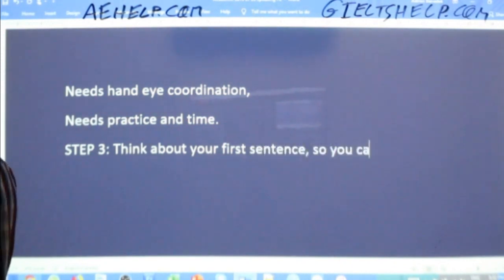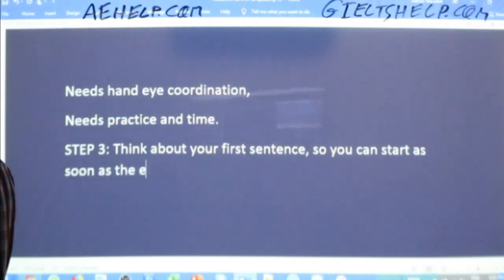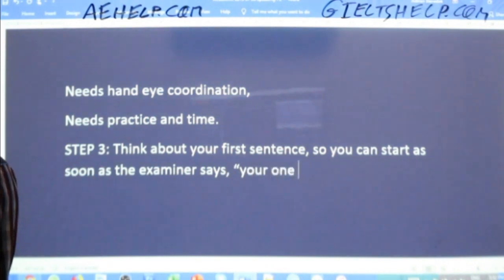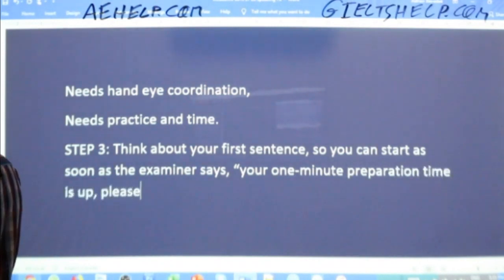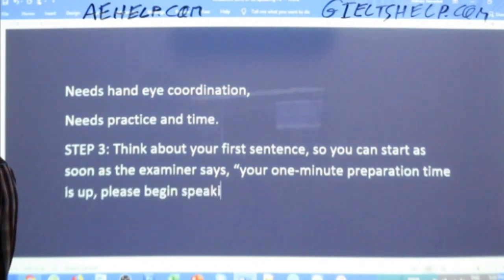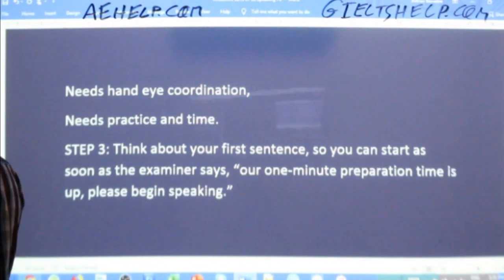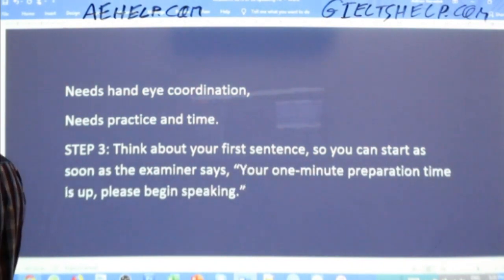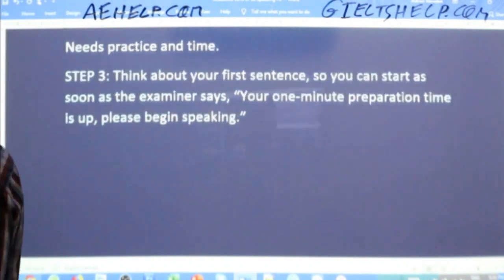You can start as soon as the examiner says your 1 minute preparation time is up, please begin speaking. As soon as the examiner says that, you have to be ready to go. Not 10 or 20 seconds later.